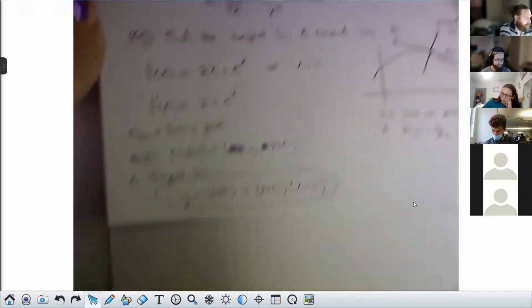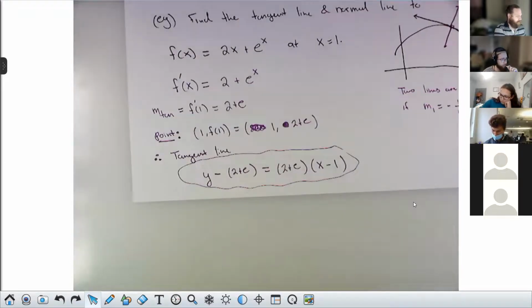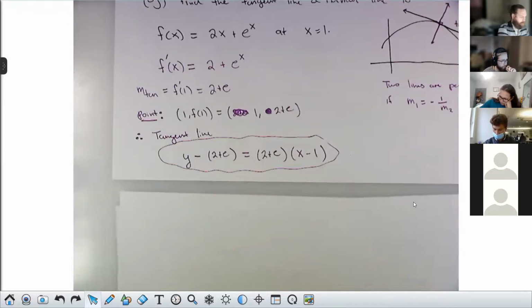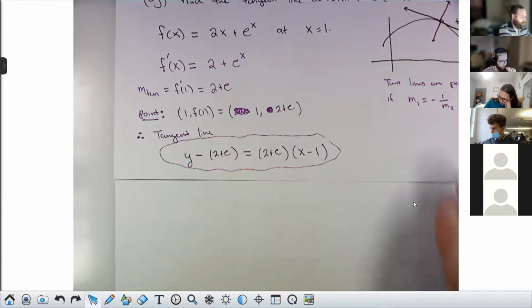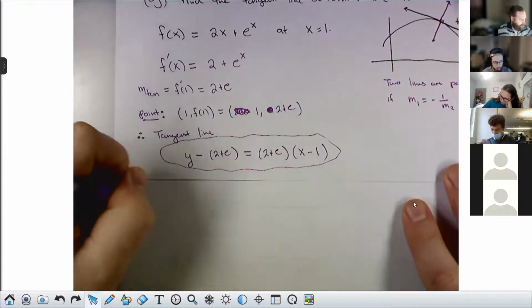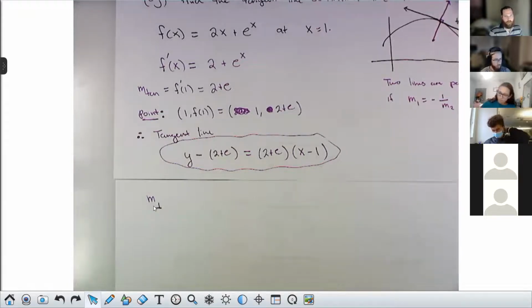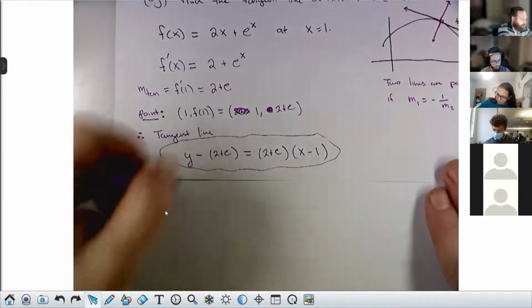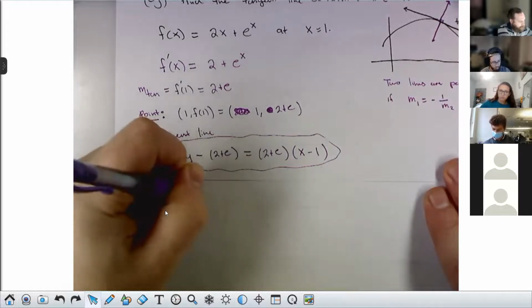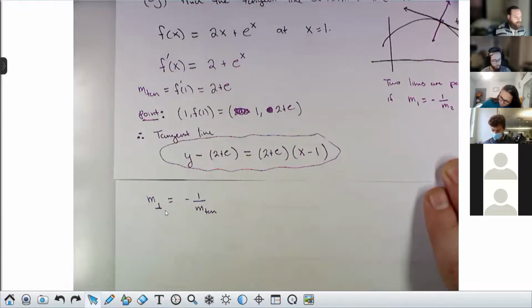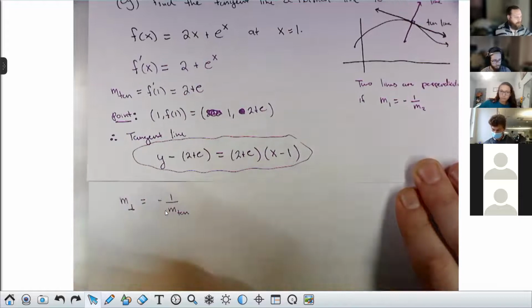The normal line is going to use the same point. There's a symbol for this, m perp. The upside down capital T here is the symbol for perp, or perpendicular. This would be negative 1 over m tan, right? The negative reciprocal of the slope of the tangent line, because my normal line is perpendicular to the tangent line.